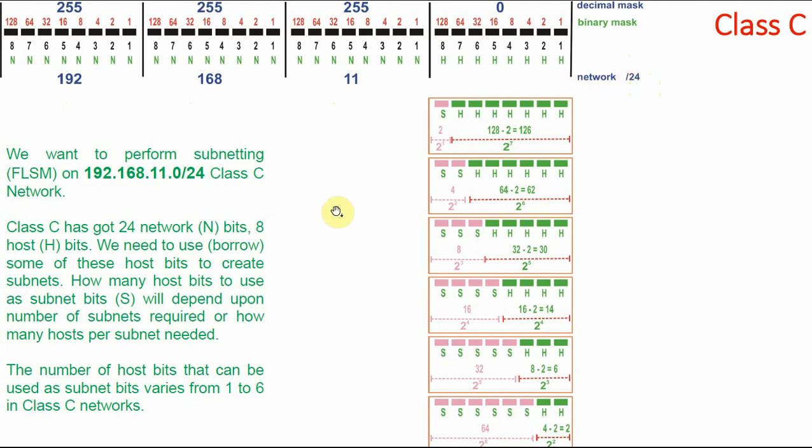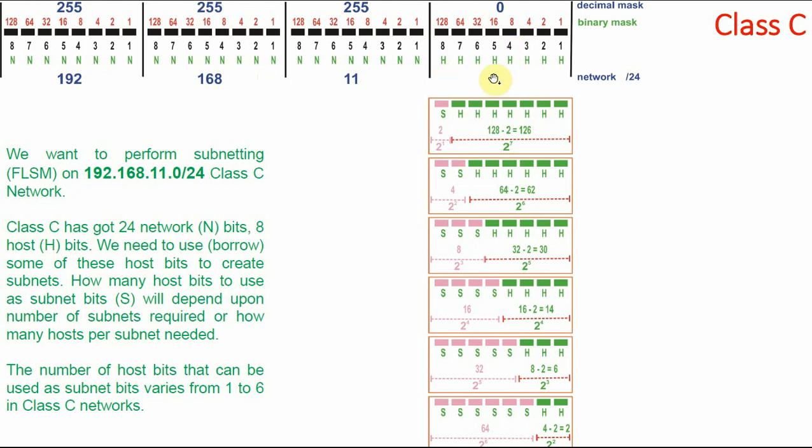Now how do we perform the subnetting? When we perform subnetting, we should remember that class C has 24 network bits. We are denoting these network bits by n, that means 8 bits plus 8 bits plus 8 bits, total 24 bits. That means class C has 24 network bits and 8 host bits.